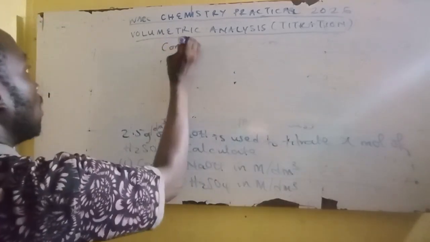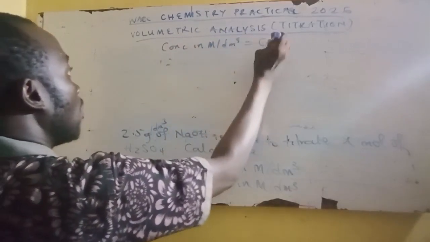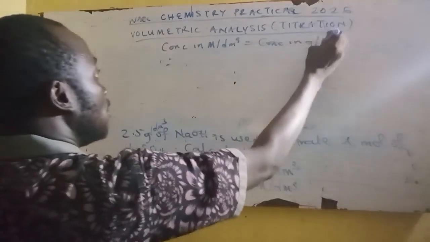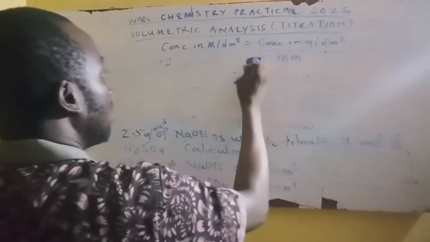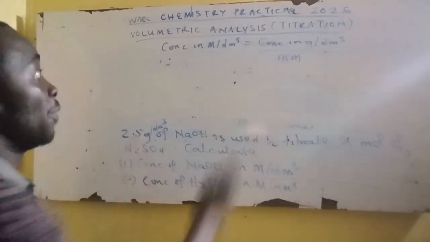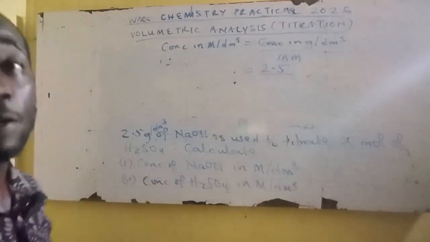We say concentration in mole per dm cube equals concentration in gram per dm cube over molar mass. Now, what's the gram per dm cube of this? 2.5. And what's the molar mass of NaOH?